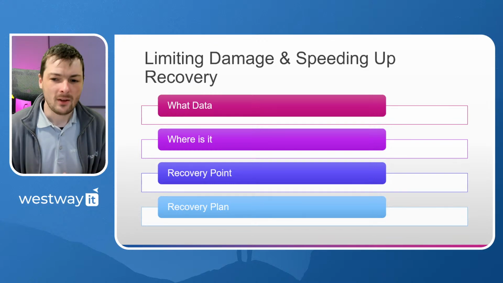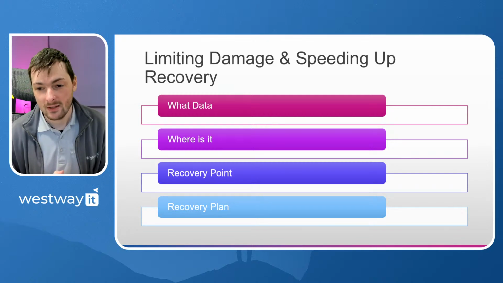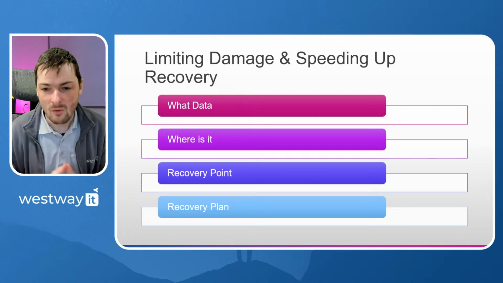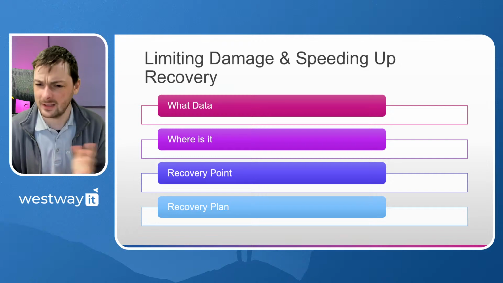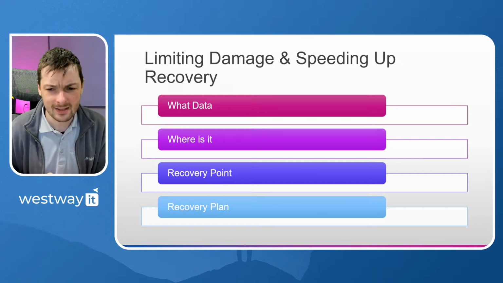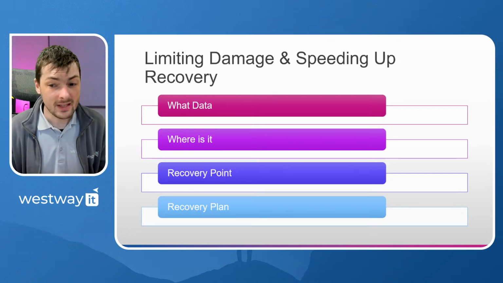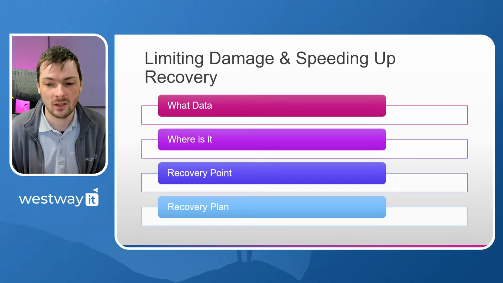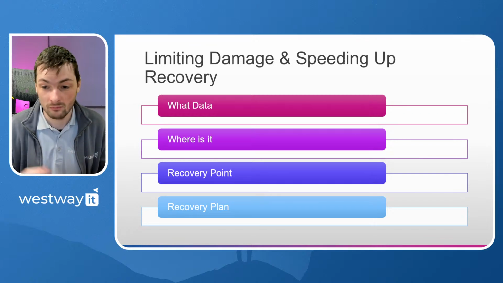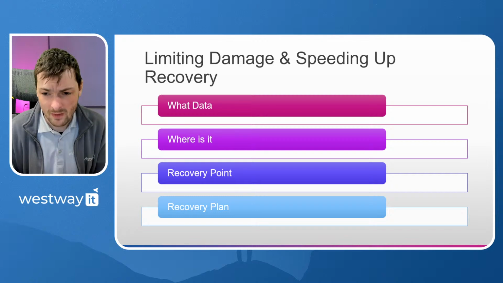So for each piece of data you identified in the audit, how much data can you afford to lose for that? What does your recovery point objective need to be? Does it need to be backed up every 15 minutes, 4 hours, once a day? Some of these you will not be able to control and are reliant on the provider for cloud software, for example.